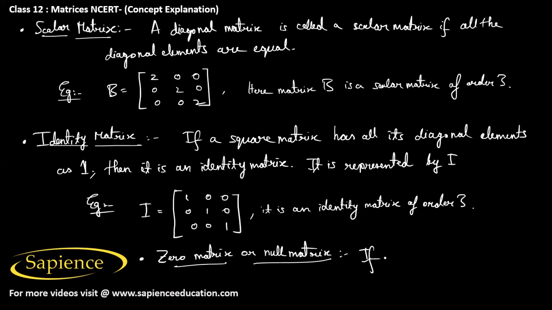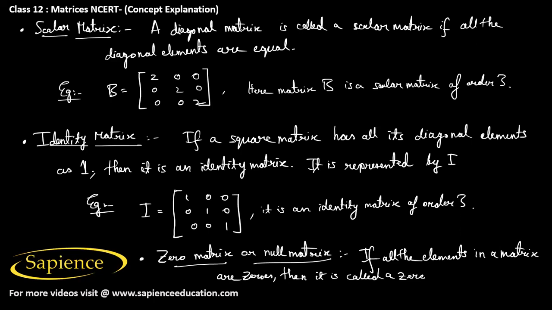So if all the elements in a matrix are zeros, then it is called a zero matrix.